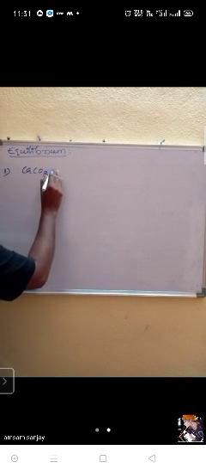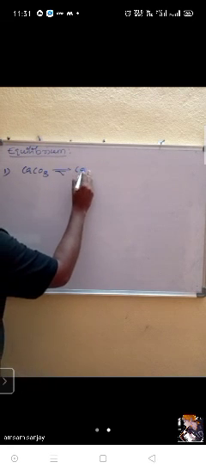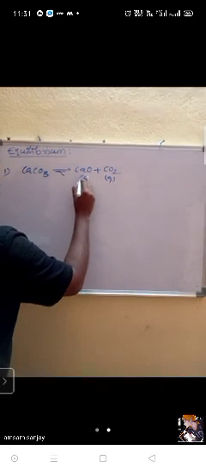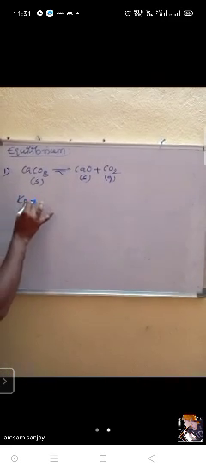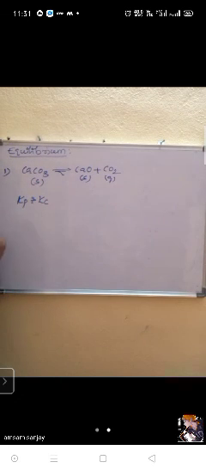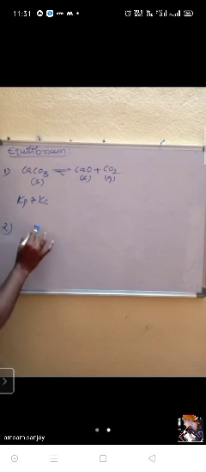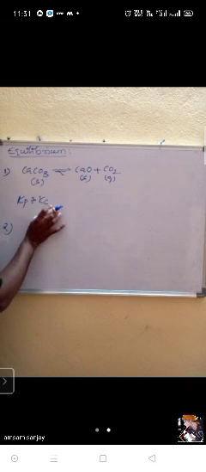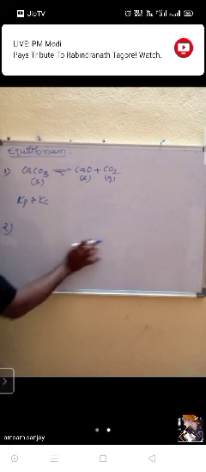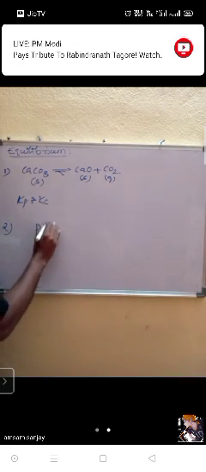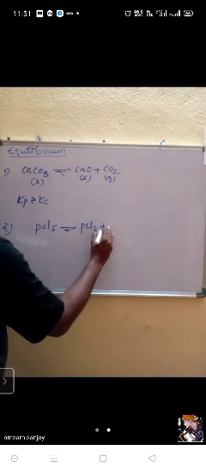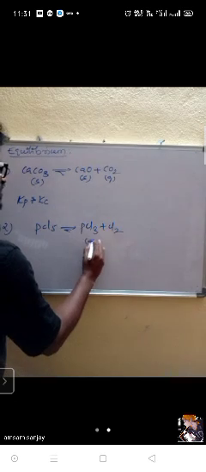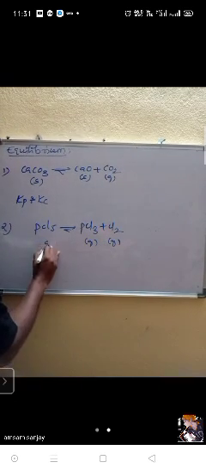What is the relation between Kp and Kc for the given following equations? First, CaCO3 gives rise to CaO plus CO2: gas, solid, solid. Second, PCl5 gives rise to PCl3 plus Cl2: gas, gas, gas.